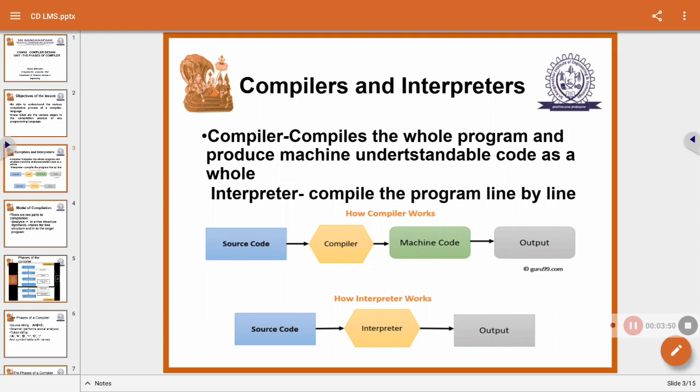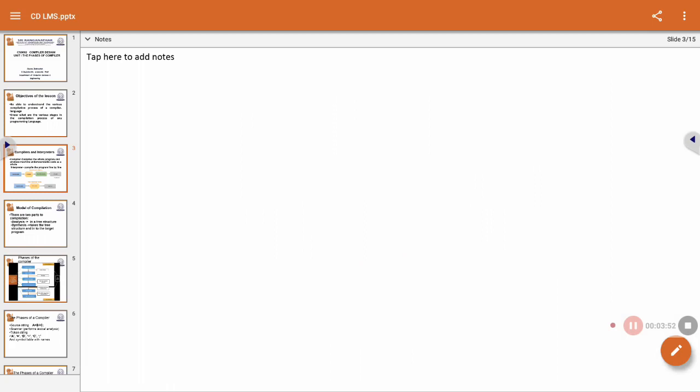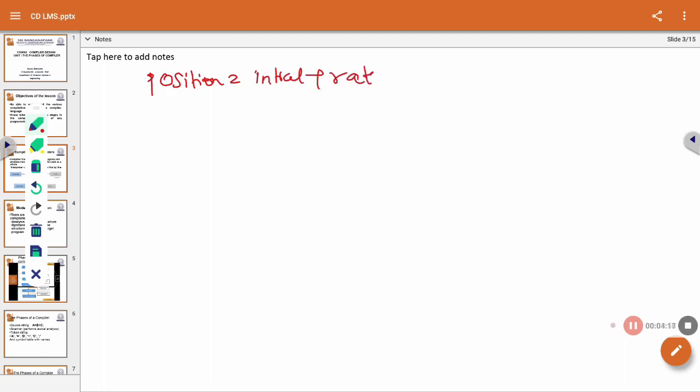But see how the interpreter checks things with line by line operation. Now see, when an expression is going to be evaluated, we take an expression, for example: position equal to initial plus rate into 60.